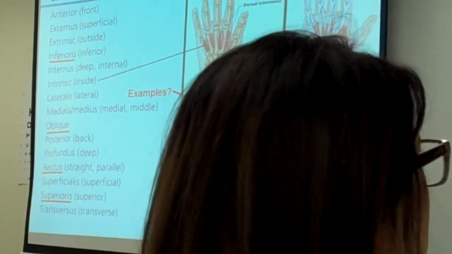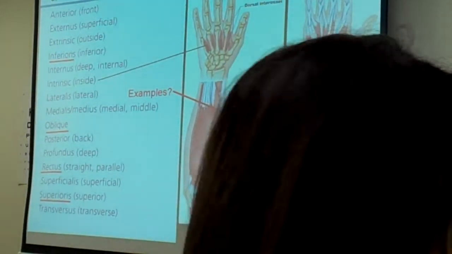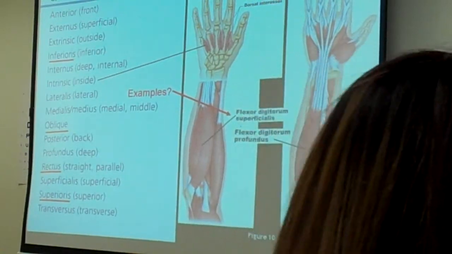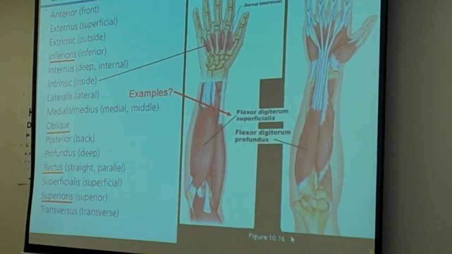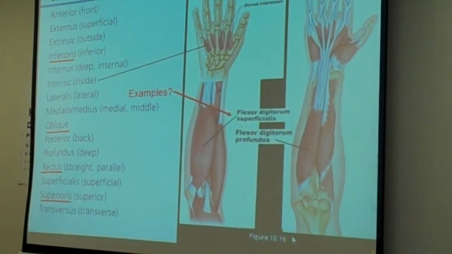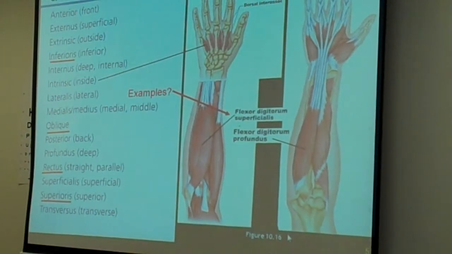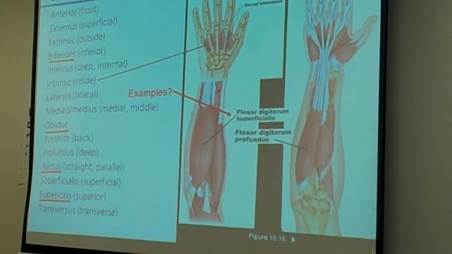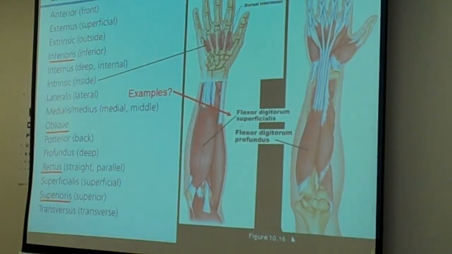Oblique. That means the fibers run at an angle to the longitudinal axis of the muscle belly. Transverse. Now the muscle fibers or fascicles run in a horizontal plane. And circular.